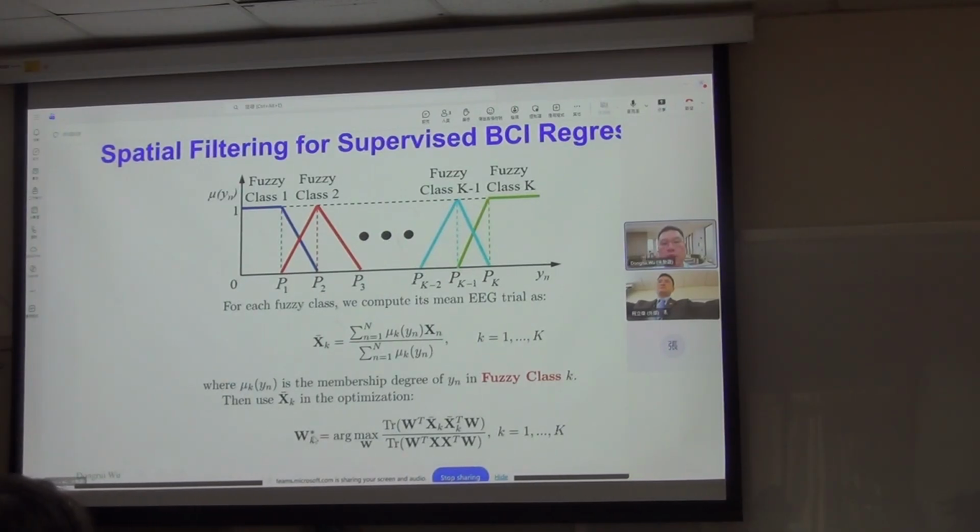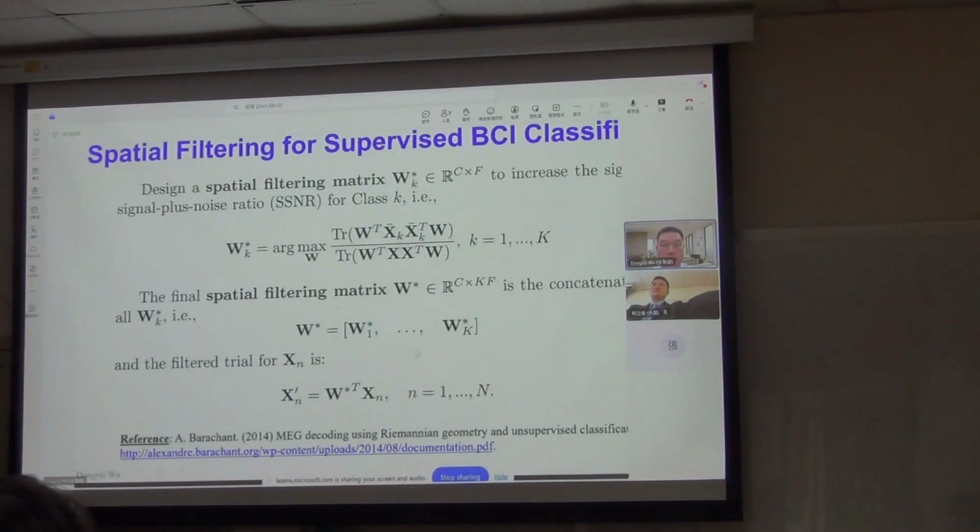We repeat this process for each fuzzy class, and finally we can concatenate the spatial filter vectors for each fuzzy class into a big filtering matrix, and the other steps are the same as those for the classification problem. We just multiply the filtering matrix to the original EEG trial to obtain a new EEG trial, and then use that new EEG trial in feature engineering and classification.